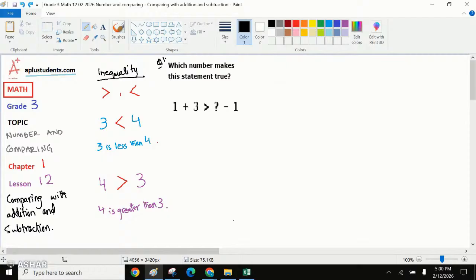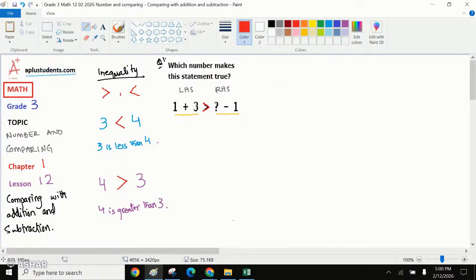Let's have a look. 1 plus 3 would be, if we look, this is known as the left hand side and this is the right hand side, right? So the left hand side was given this, the right hand side is given as this, and the sign was greater than.